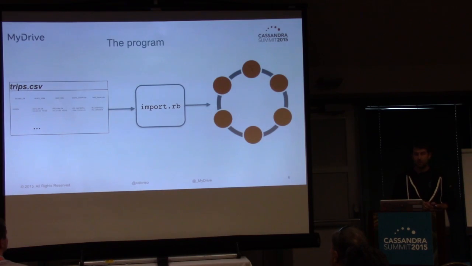So, the program we are going to see is an oversimplification of what we have, and of what happened, but more or less it'll do the job, I think. It's basically an import script, right? So we get trips, as I told you, we base our business on people driving, so people make trips, and then we run them through an import script to store them in Cassandra as a time series, right?